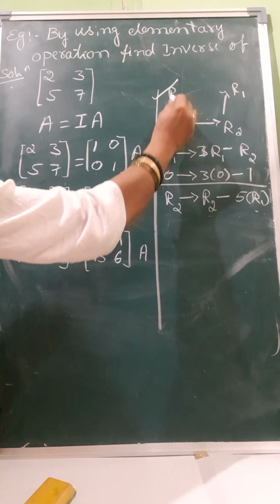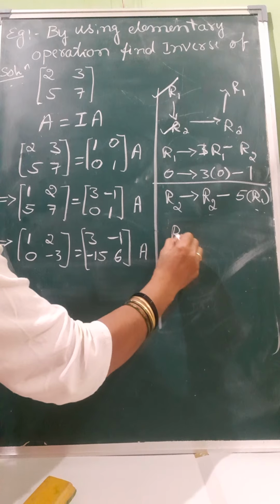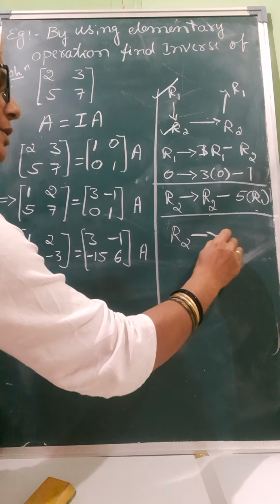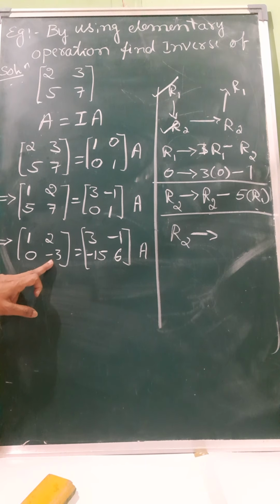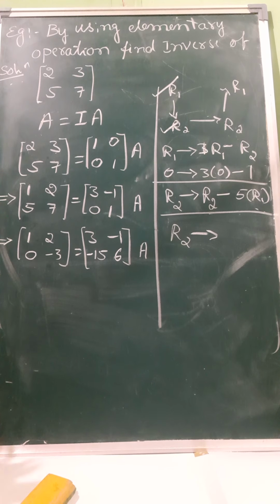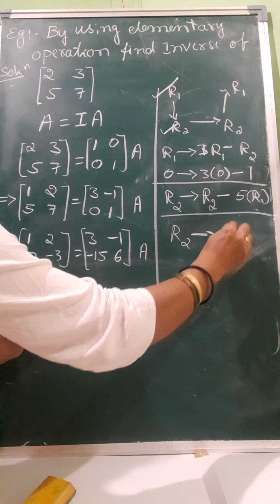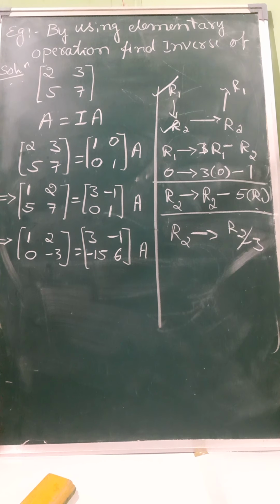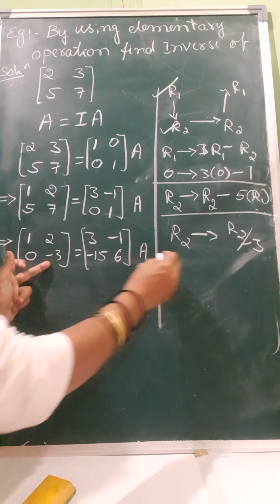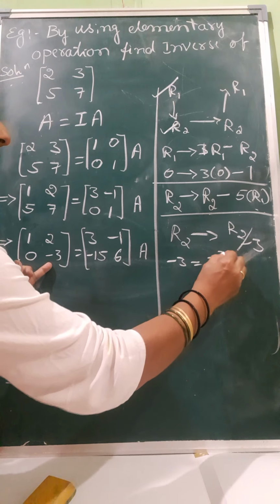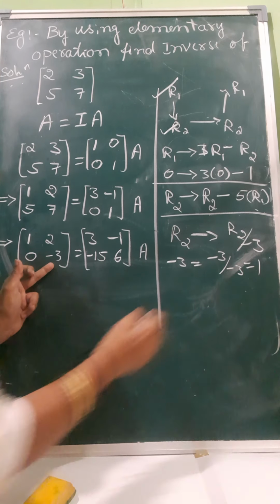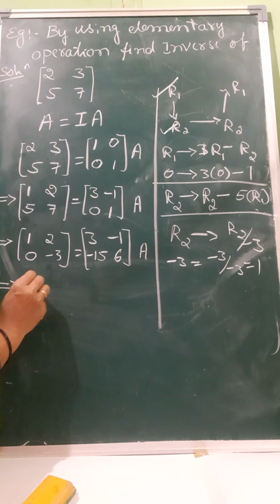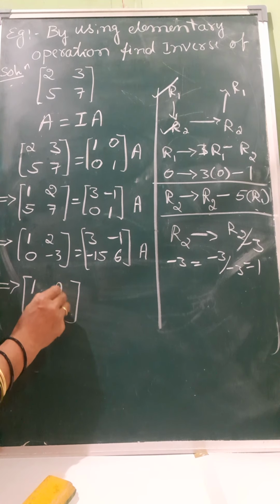Next, how can you change R2? Here minus 3 is there. Minus 3 becomes 1, meaning minus 3 divided by minus 3 is 1. So here R2 is divided by minus 3. R1 is as it is.